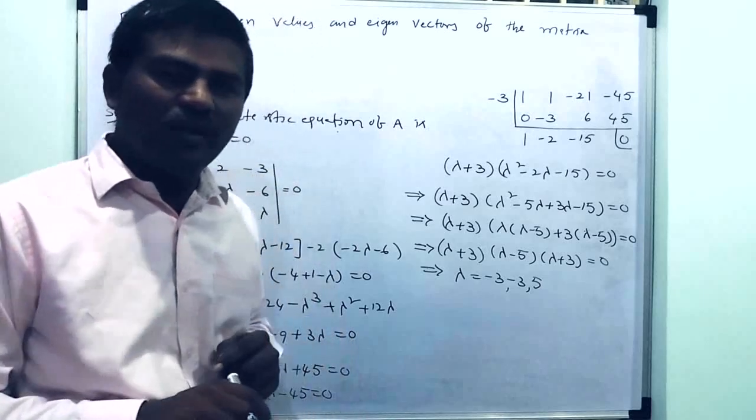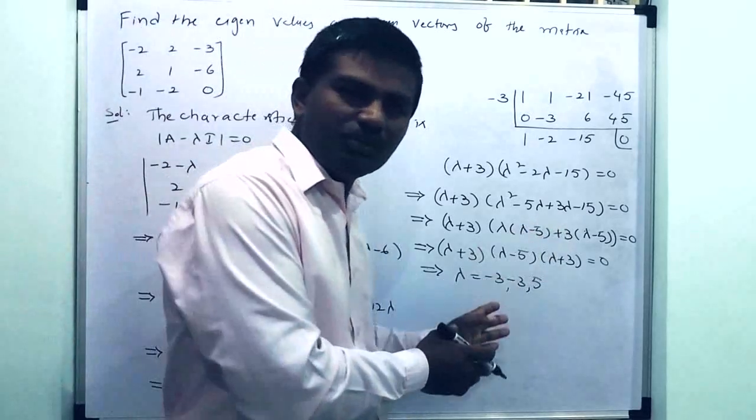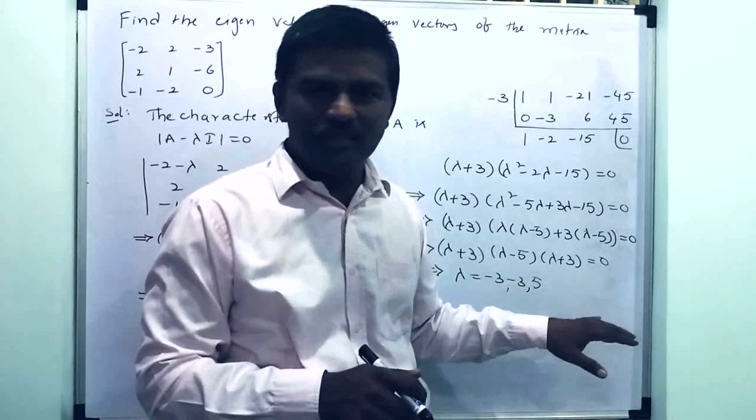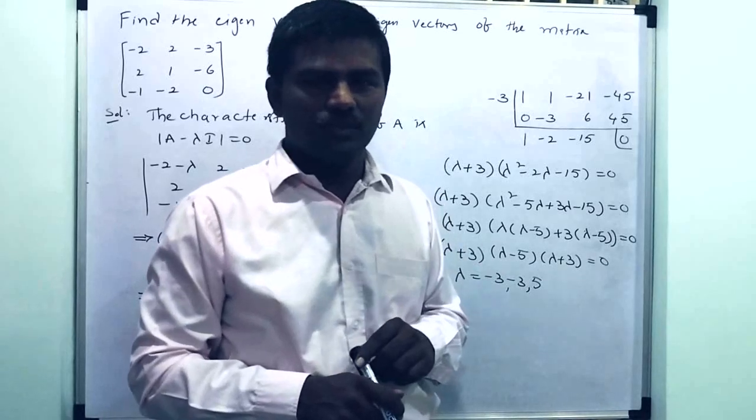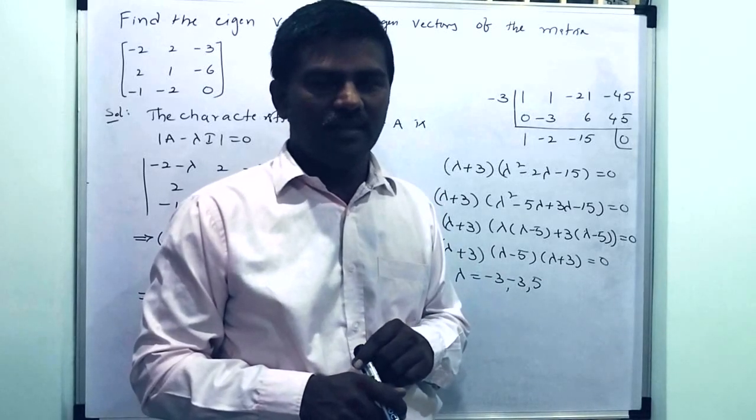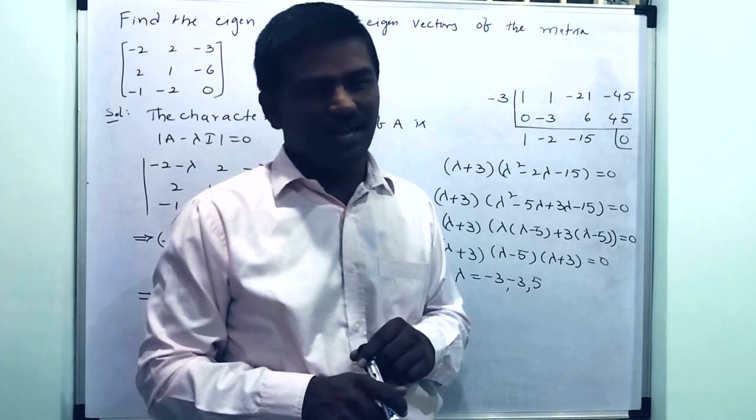Now you need to find the eigenvectors corresponding to the eigenvalues -3, -3, 5. So let me start to find the eigenvectors of each eigenvalue.